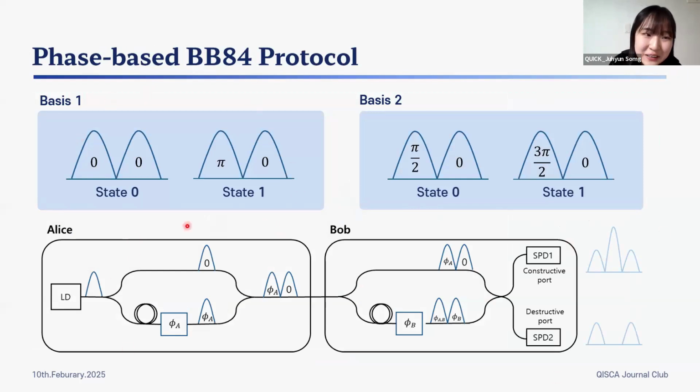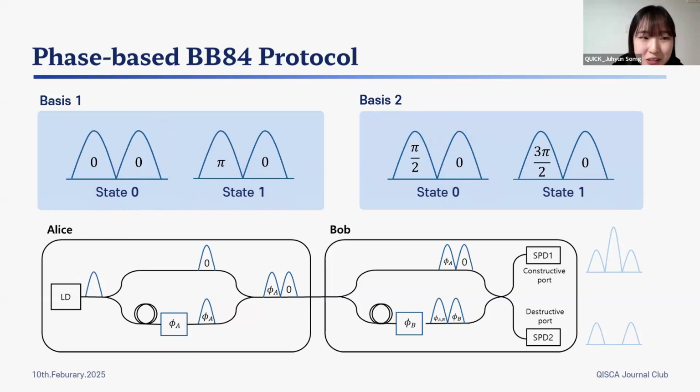State 0 of basis 1 corresponds to phases 0, 0. State 1 of basis 1 corresponds to phi, 0. For basis 2, state 0 corresponds to pi over 2, 0. State 1 corresponds to 3 pi over 2, 0.